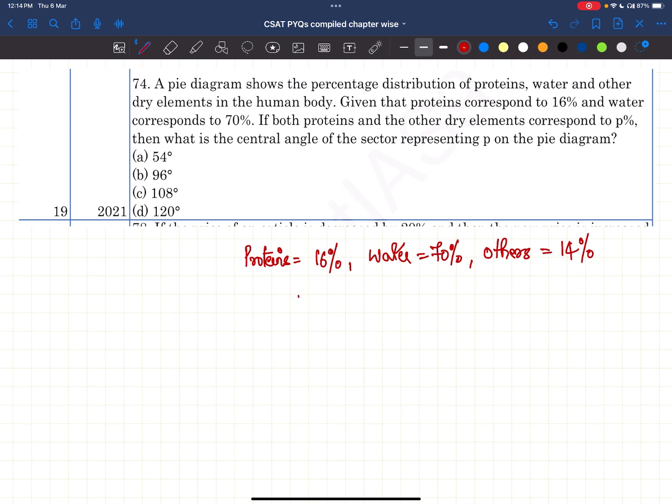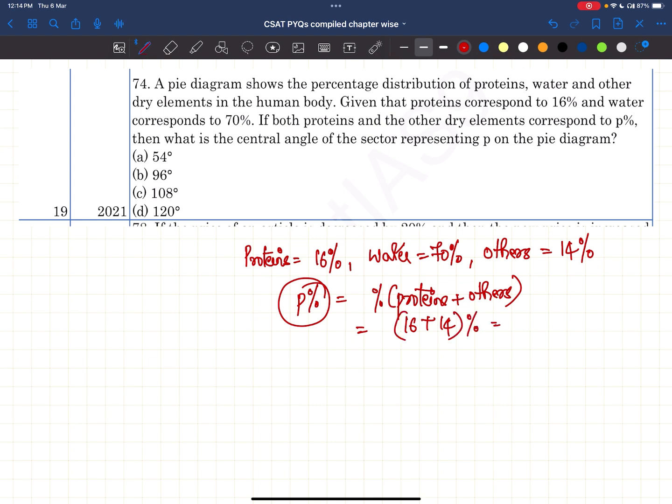Now, P% is the percentage of proteins plus others. That is 16 plus 14%. Total how much? 30%. Right? What is asked? The angle corresponding to 30%.